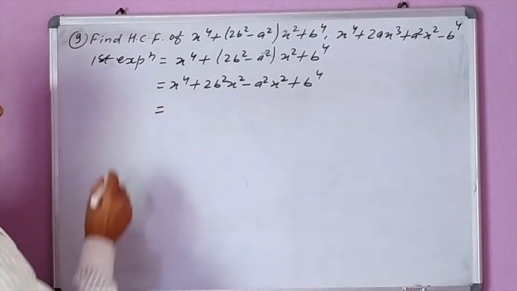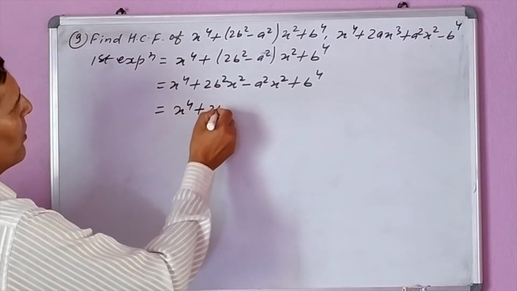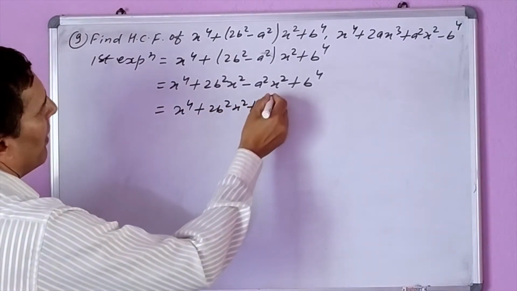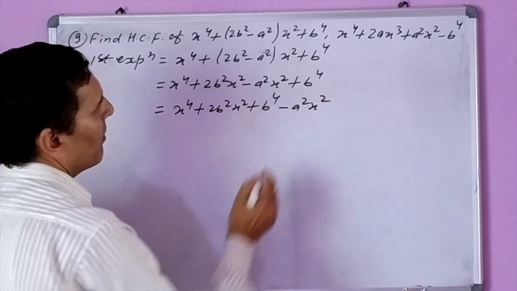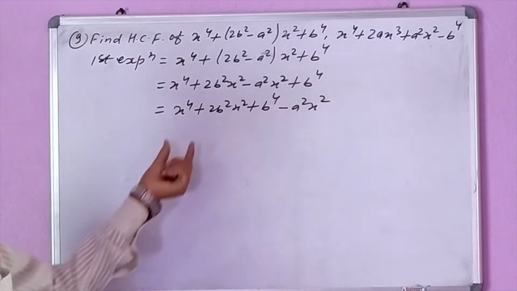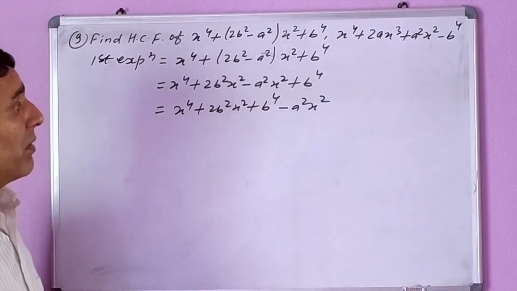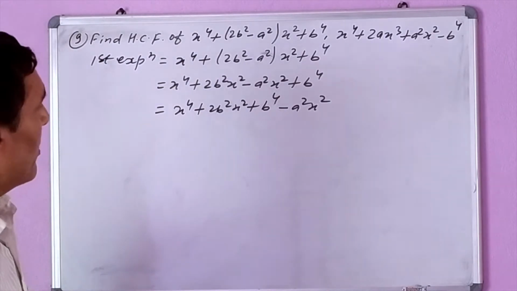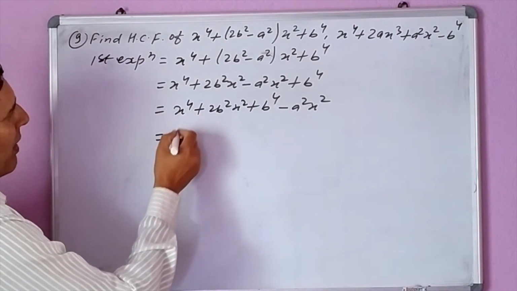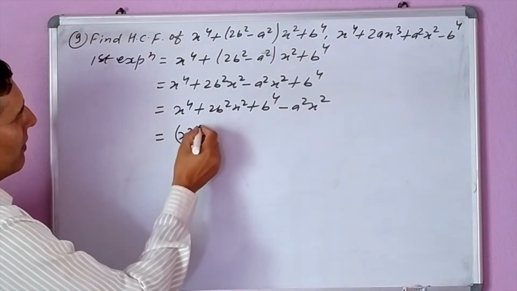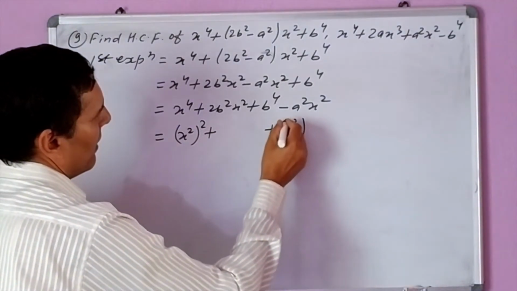Now here, x^4 + 2b^2x^2 + b^4 we write together, and a^2x^2 we write at the last, because if you study these terms, x^4 + 2b^2x^2 + b^4, they are completing the square, (a + b) whole square. To understand it, look here: x^4 is the square of x^2, and this b^4 is the square of b^2.